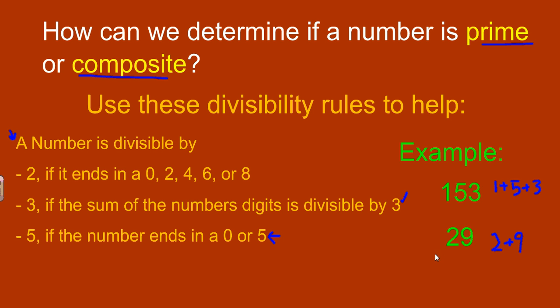No, because 7 times 4 is 28, and 7 times 5 is 35. So 7 does not go evenly into 29. And then we can conclude that 29 is indeed a prime number. Its only 2 factors are 1 and 29.